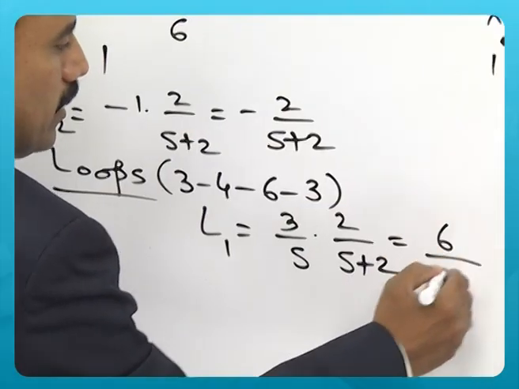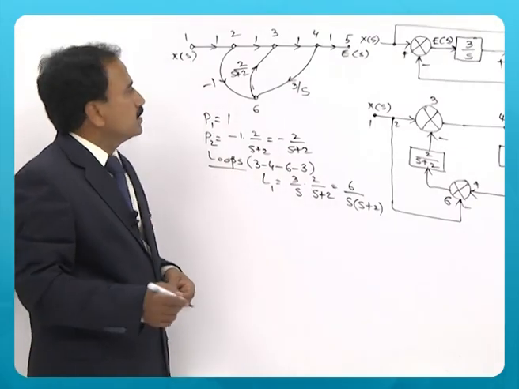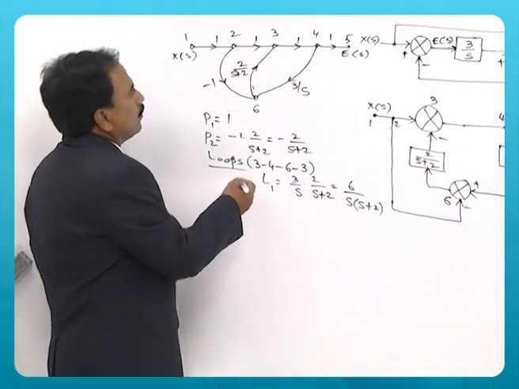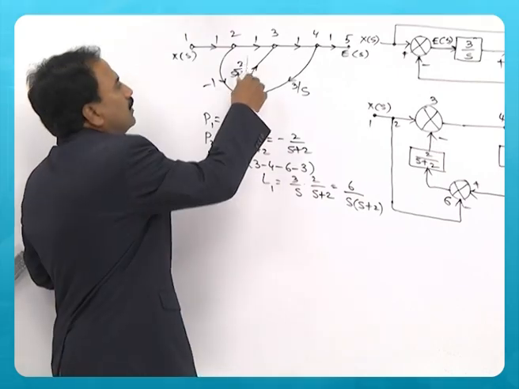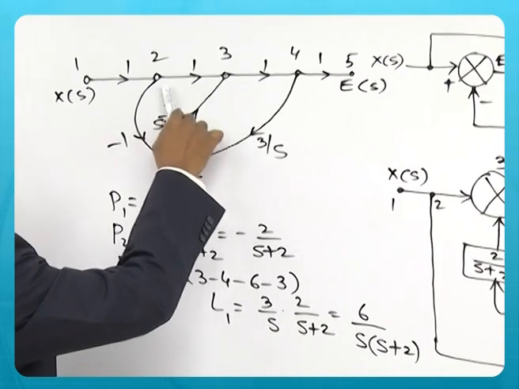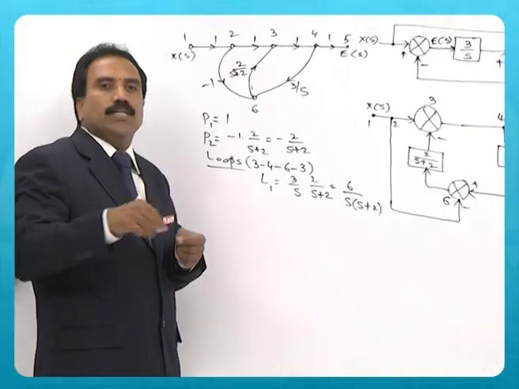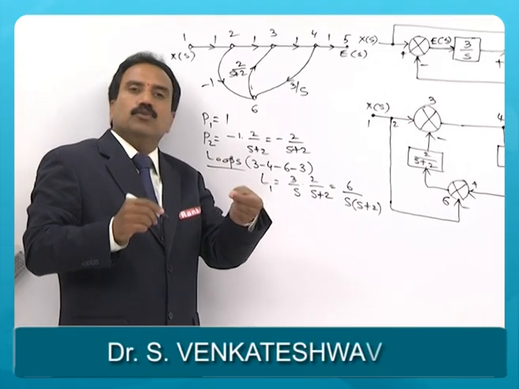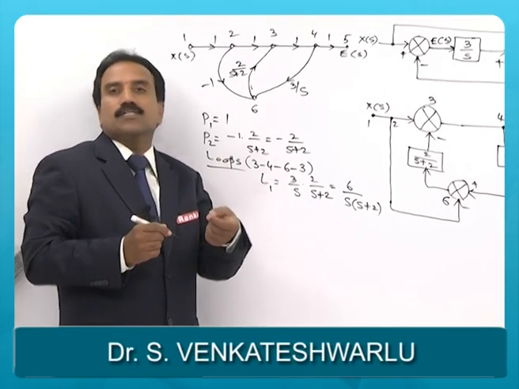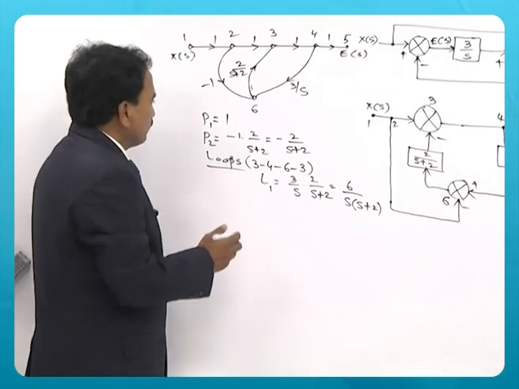So it is 6 by s into s plus 2, and only one loop exists. Remember that this is not a loop, and this one also is not a loop, because it has to complete where you have started and you must end there only. That is called a loop, and only one loop exists in the problem.